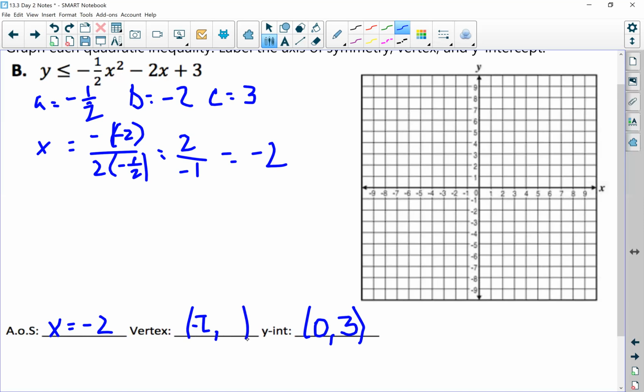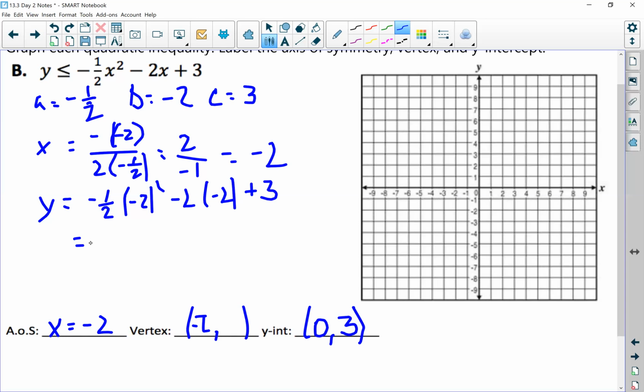All right, and then our vertex. So we're going to go back to y equals -1/2 times -2 squared minus 2 times -2 plus 3. All right. -2 squared, 4, times -1/2, -2.